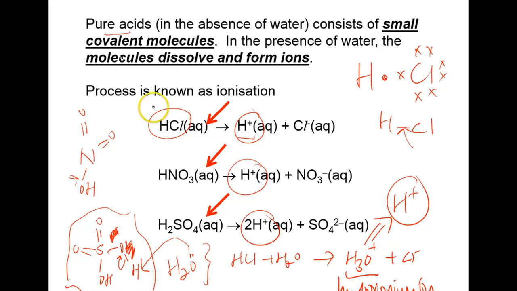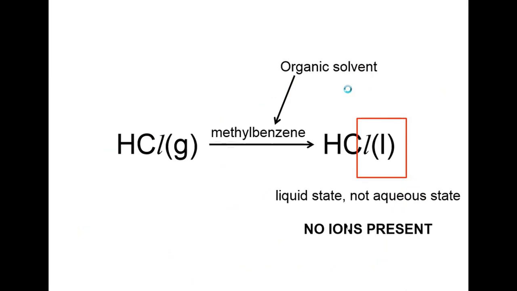This process by which the acid breaks out the H+ is known as ionization or dissociation. So when I have an organic solvent, nothing happens. I simply dissolve the HCl and it forms a liquid HCl.